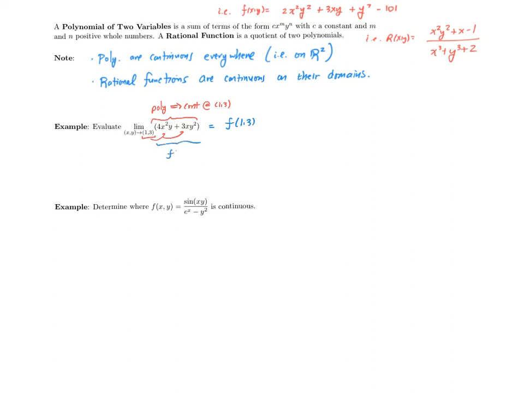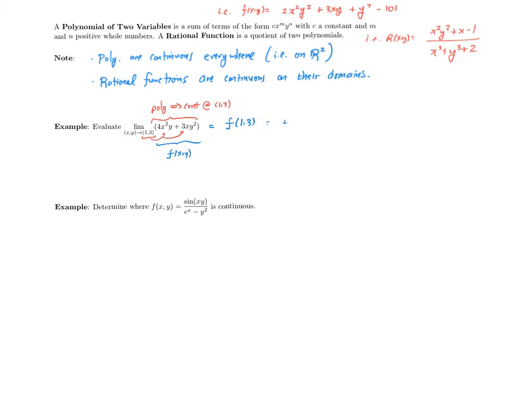If we're thinking of this as being the function f of x, y, we simply replace each and every x with a 1 and each and every y with a 3, which you could do directly, but I want to make the correspondence back to that definition of continuity as clear as possible.